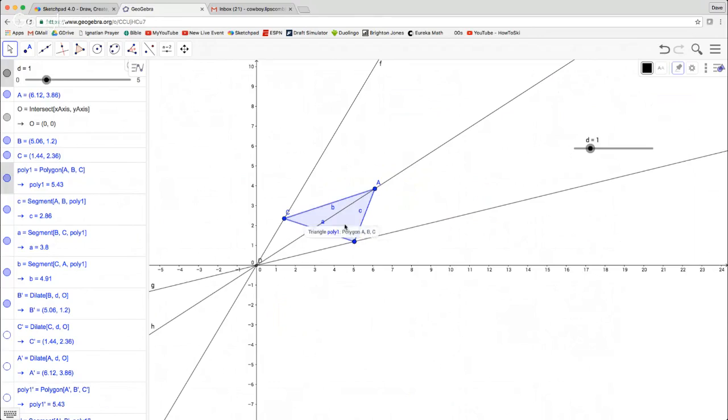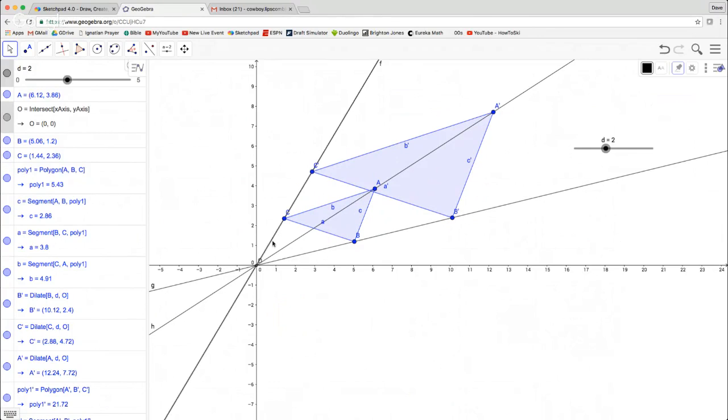So we have ABC. And now if we were going to dilate this thing 2 times, we would take each point along the line from O to C, from O to A, and O to B prime, and we would go twice as far out, right?